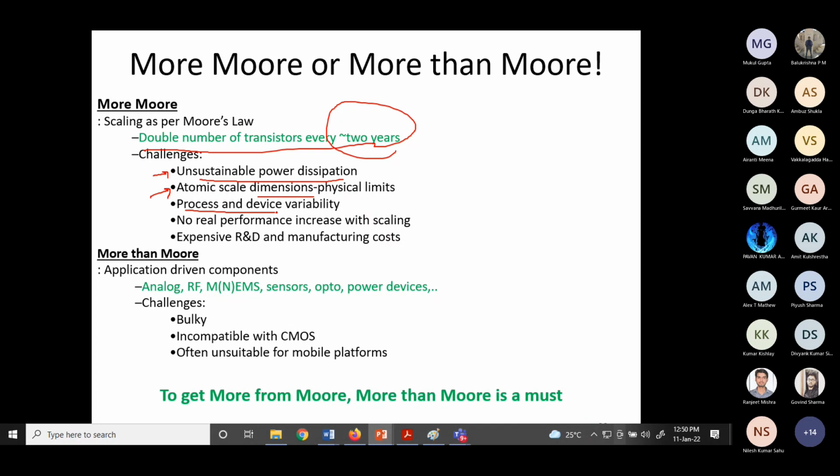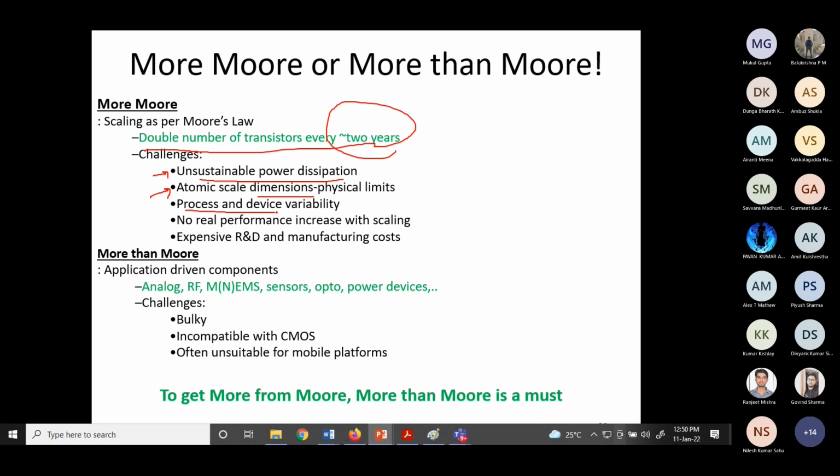But when your device dimension is in the nanometer regime, like 22 nanometer, 14 nanometer device length, you understand the kind of resolution and kind of accuracy we are looking for, and there is bound to be device variability, and small tiny device variability will change the MOSFET current and all that, okay.